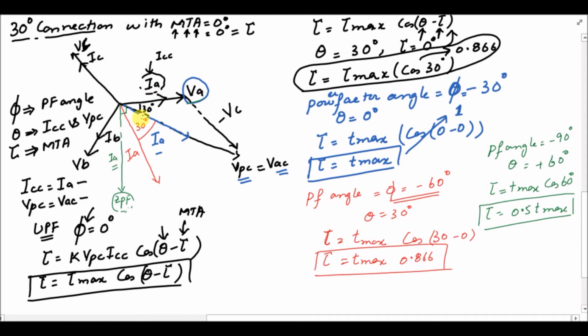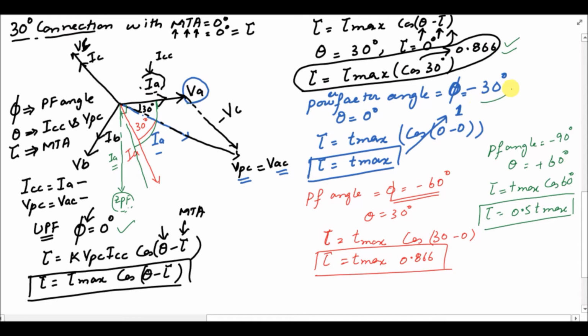which means that from this point to this point somewhere, we have sufficient amount of torque being produced in the disk. For example, at 0 degree we have the value equal to 0.866 times the maximum torque.